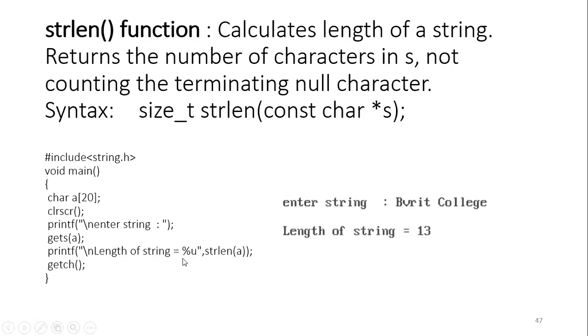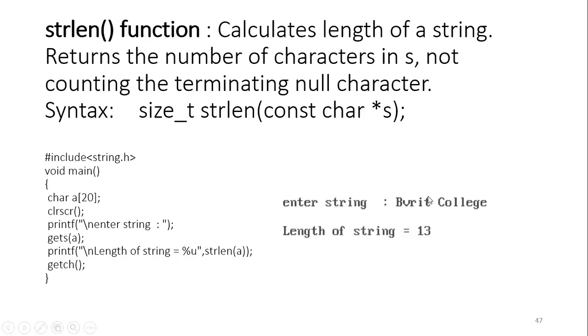Here I'm printing the length of the string using the strlen function. Here I used percentage u, which is unsigned integer. The return type of strlen is unsigned integer, generally represented by size underscore t. So strlen of how many characters are there? 1, 2, 3, 4, 5, 6, 7, 8, 9, 10, 11, 12, 13.